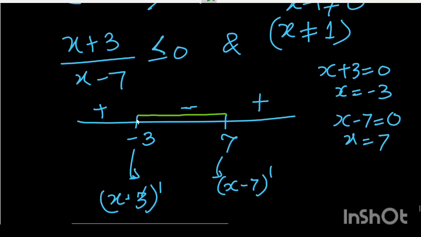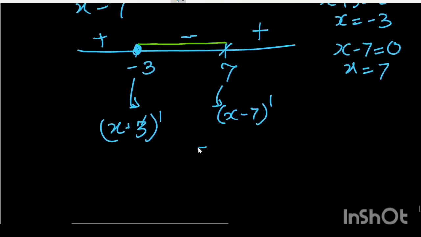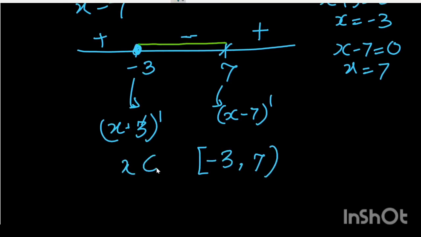What about equality? So equality is valid for -3 only. The zeros will satisfy. Poles are never part of the solution, so we should cross them. So the answer is what? -3 is closed, 7 is open. So [-3, 7), x belongs to -3 to 7, guys.